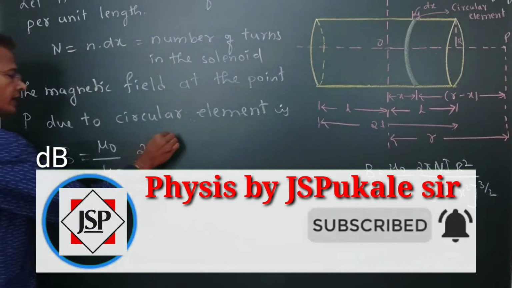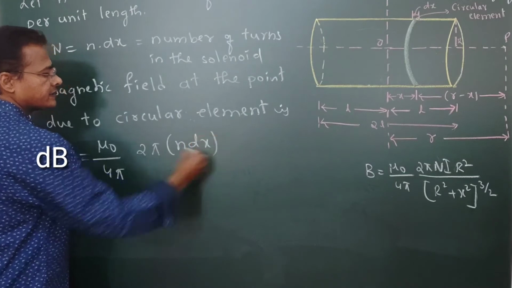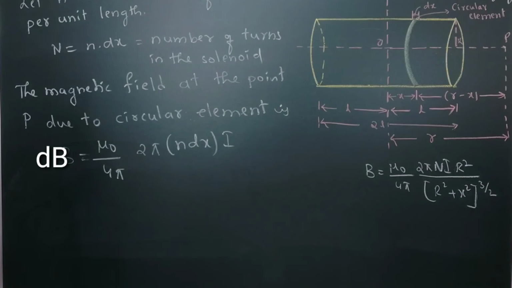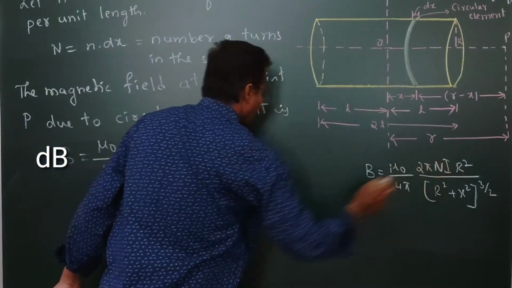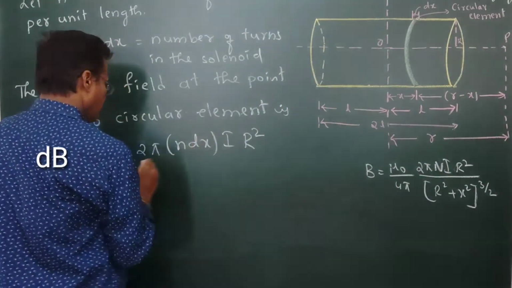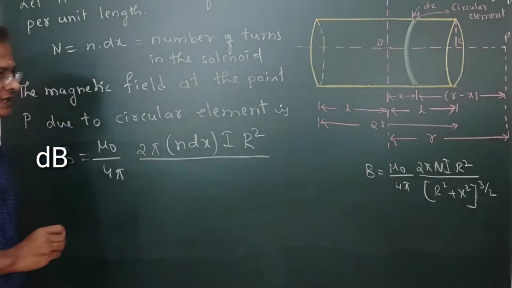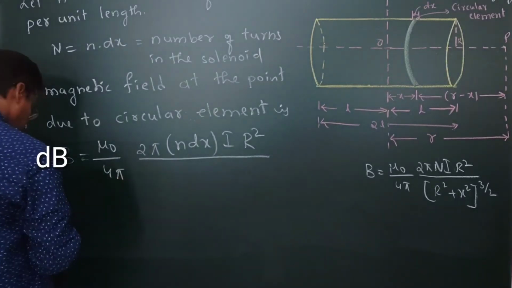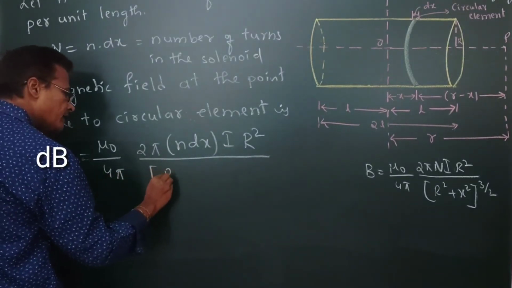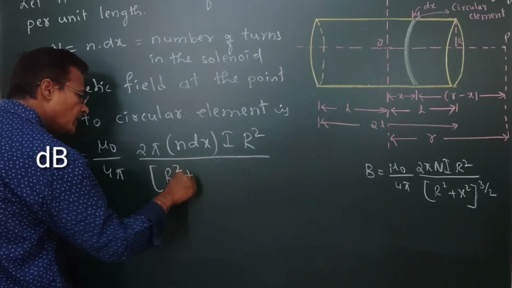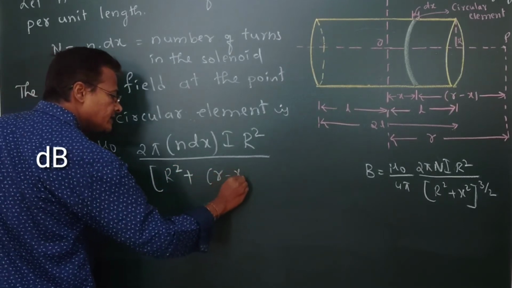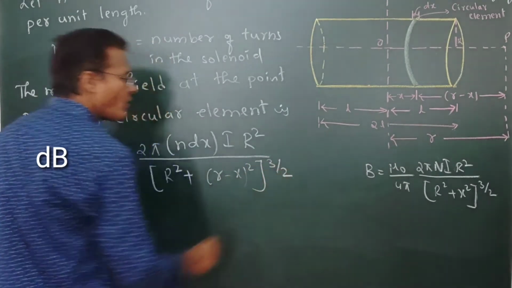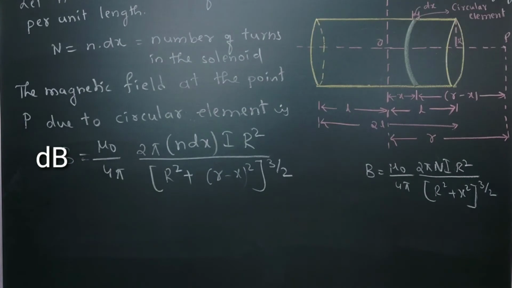So we can write n dx times I, and r square will be there, divided by r square plus (r minus x) whole square to the power of 3 by 2.